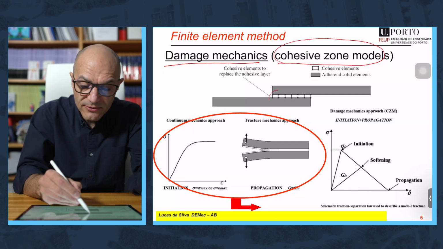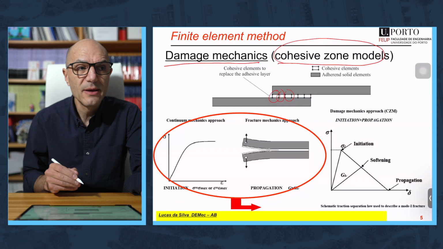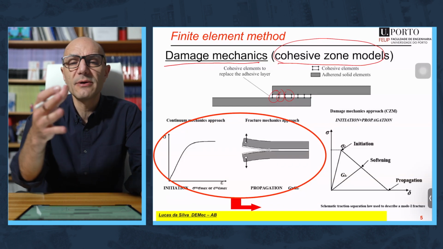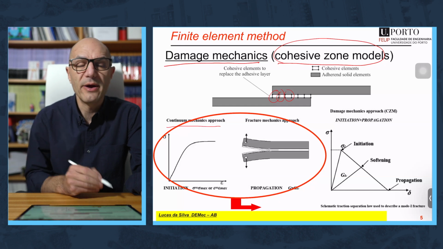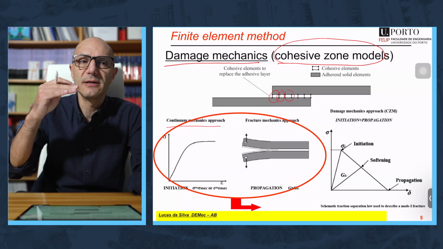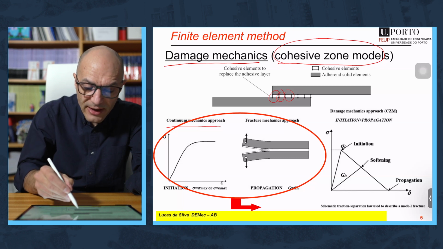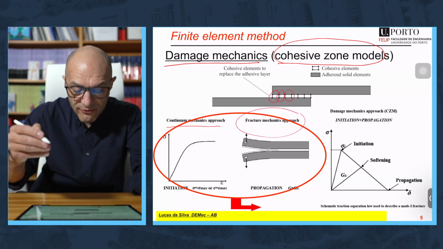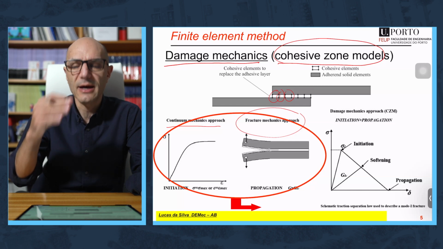So for the adhesive you use cohesive elements. It is a very, very powerful method because it combines several approaches. It combines the continuum approach, where when you reach a stress limit or a strain limit it fails, and the fracture mechanics approach, which assumes that the structure has a crack.